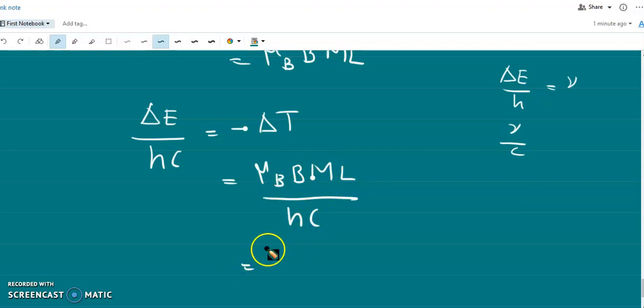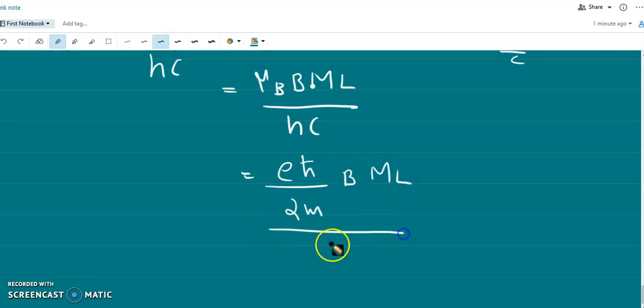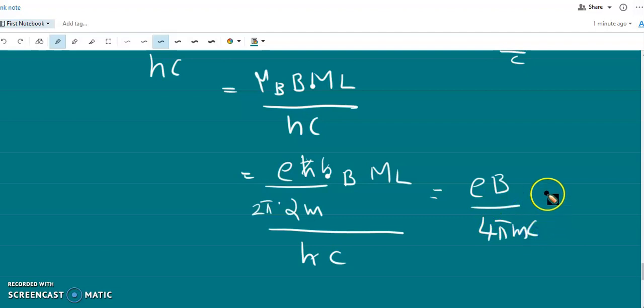Mu b is the Bohr magneton, eh cross by 2m, B ml divided by Hc. H cross can be written as H by 2 pi. H and H will cancel, and we have EB by 4 pi mc into ml.